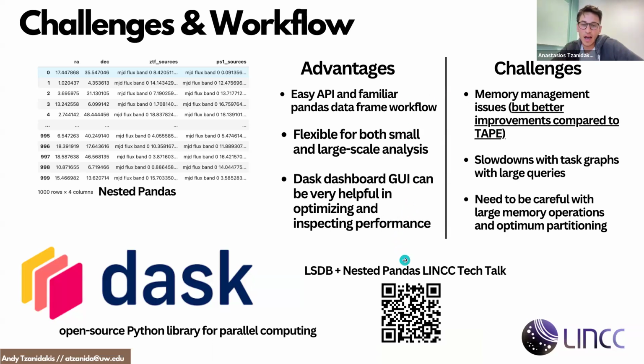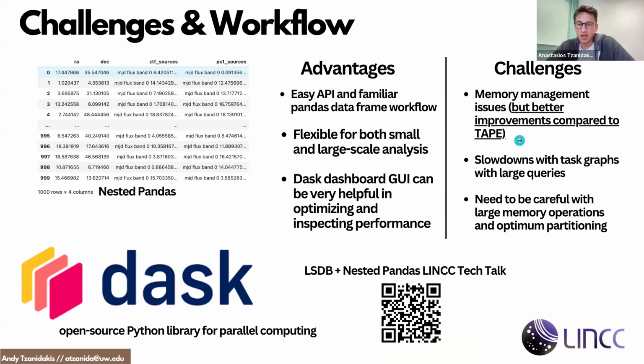And then finally, I personally have been really enjoying the Dask dashboard GUI, which is very helpful in trying to optimize the different modular pieces that I've been adding into these pipelines, and in inspecting the performance and understanding where there are parts of the code that we can optimize.